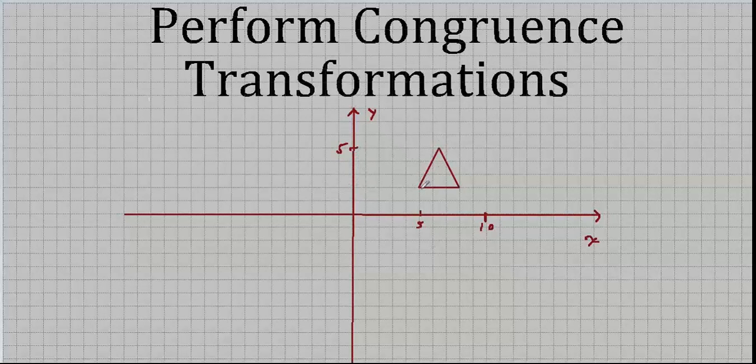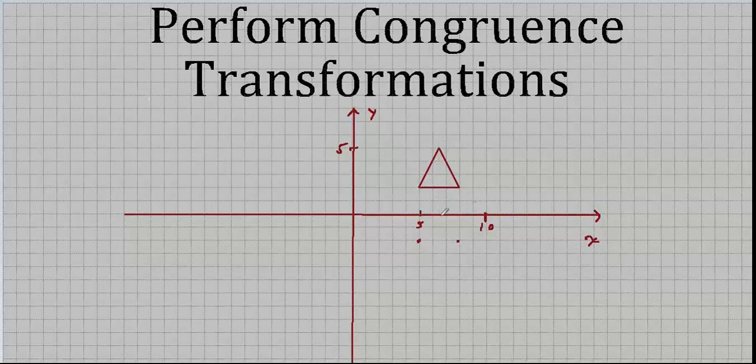Well, this is the point 5, 2. Then this is going to be the point 5, minus 2. Here we are at 8, 2, 8, minus 2. And this looks like 6.5 and 5.